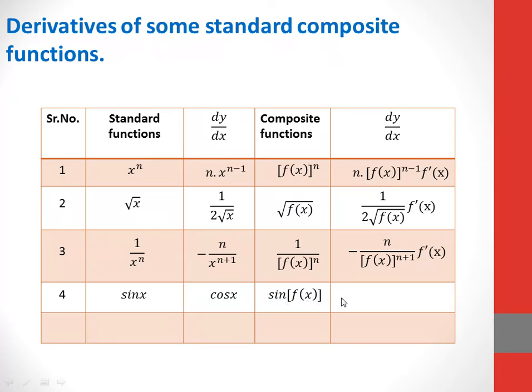How will you get the derivative of this? We have to write cos of f of x into f dash x. If it is cos x, then we know the derivative of cos x is minus sin x, and if the function is given as cos of f of x, meaning x is replaced by f of x, then the derivative will be minus sin of f of x into f dash x.